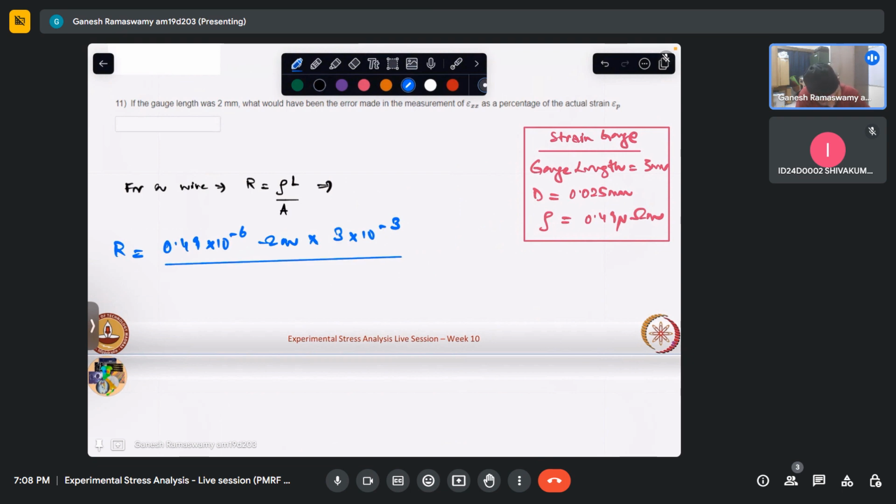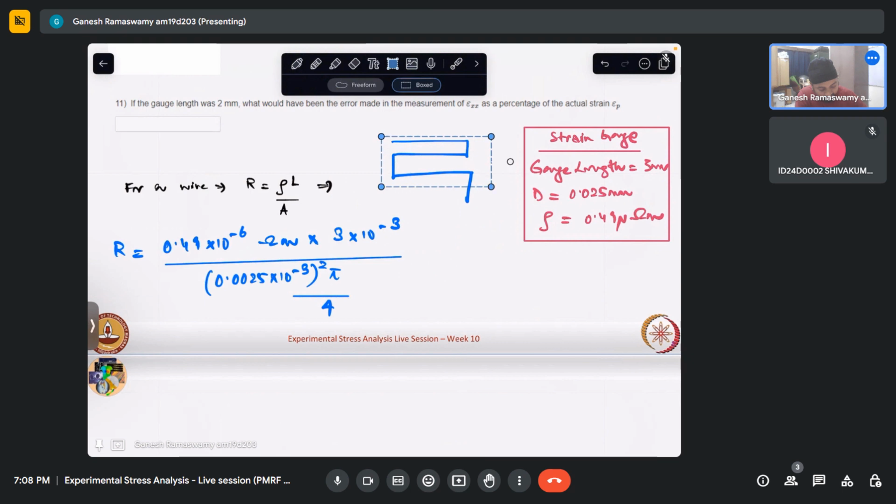So the area is 0.0025 mm to meter squared pi by 4. So this is for a single, that is, if we have the grid like this, this is just for this component. We don't consider the end tabs because those are made thick, specifically bulbous, so that its contribution to the resistance is low.